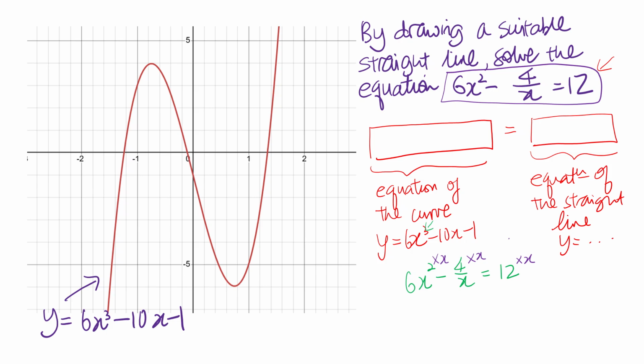And then I would get 6x cubed minus 4 equals 12x. And then I need a negative 10x here, so I'm going to subtract 10x on both sides.